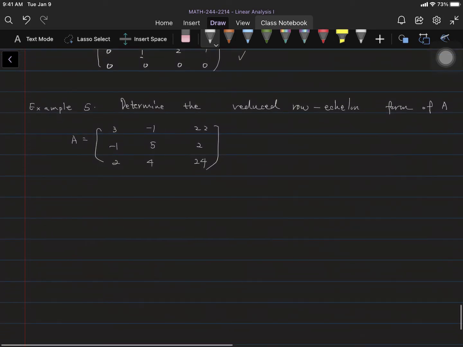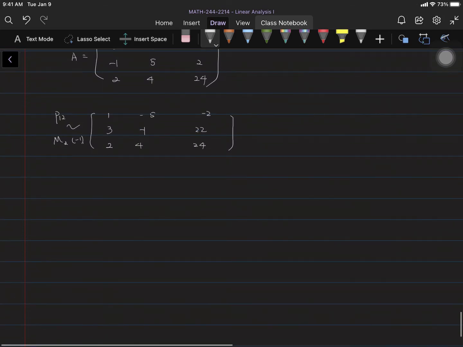Same thing, we just do row operations. Firstly, we need a leading one in the first row, so I'm going to permute row 1 and row 2, and we can also multiply by -1. So 1, 95, 92. That is row 2, permuted with row 1. Then 3, 91, 22, 2, 4, 24.